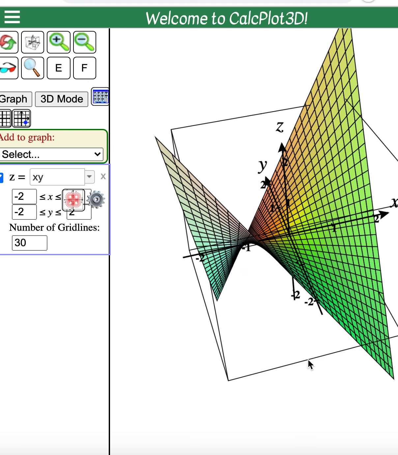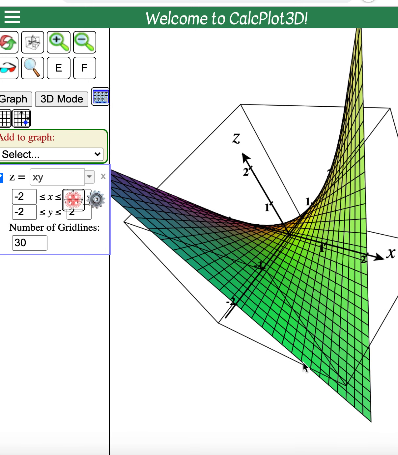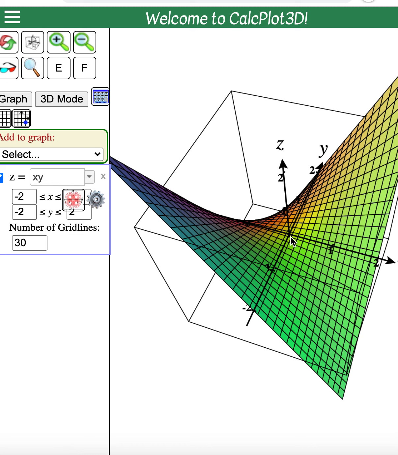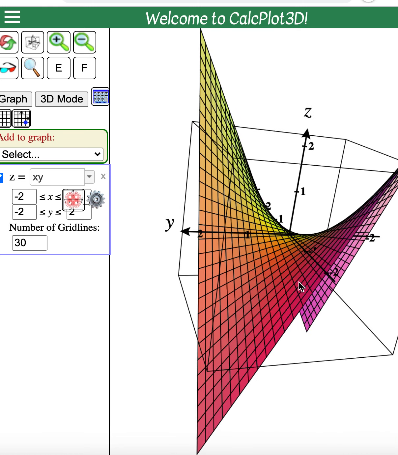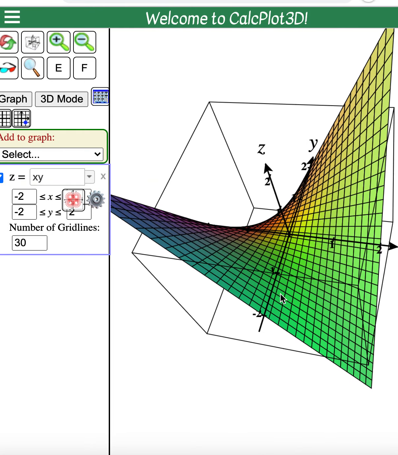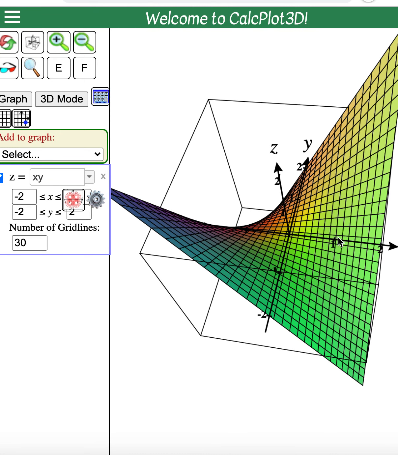Interesting. So as you can see, there is a point right here at 0, 0 where the value of the function is 0. And it stays 0 to the left and right, and also up and down according to the y-axis. It's 0 along all those lines, if you can tell. But whenever x is positive and y is positive, then our values go up and up in the positive direction because we're doing a positive times a positive.